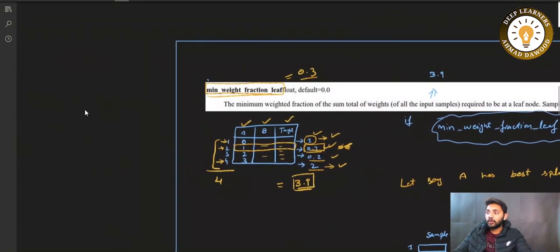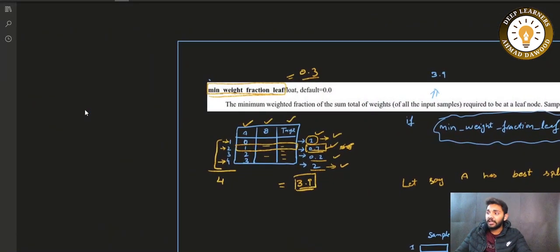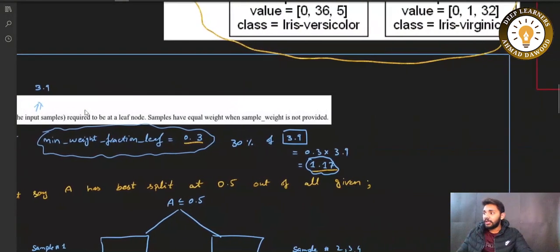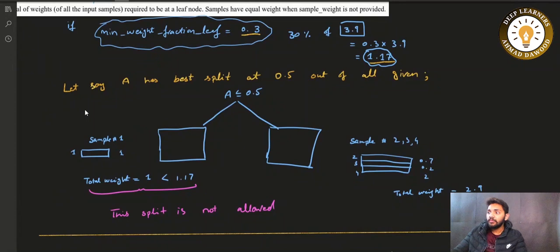Let's say you have considered the split at the point feature less than or equal to 0.5, and you consider this as your best split value. Then you separate your data points: all the data points at index 2, 3 and 4 will be on the right side, and the sample at index 1 will be on the left side. Now you sum the weights of the samples.